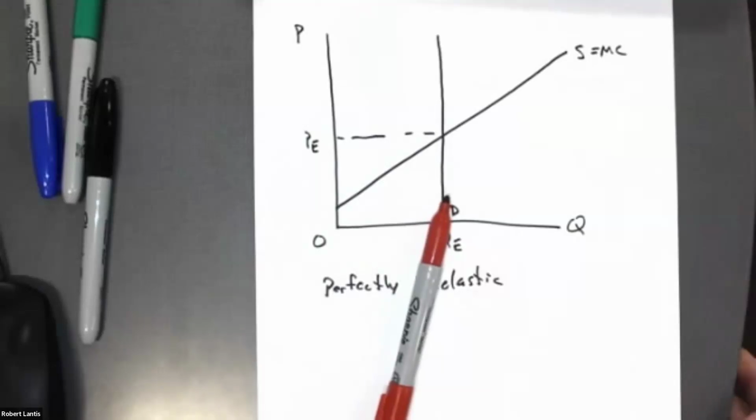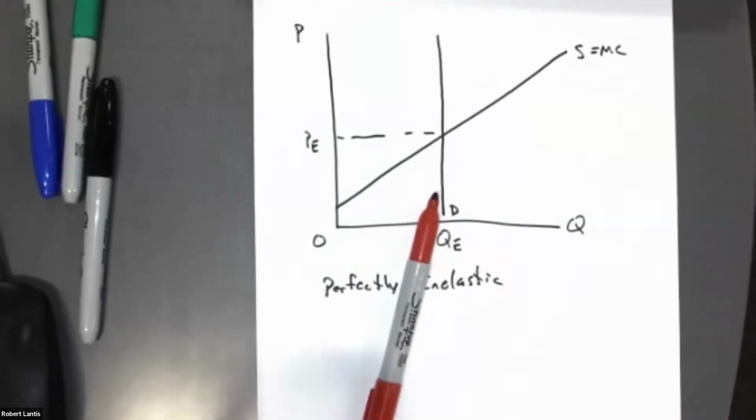I always use the example when I have people in class. If I were to take my phone and just throw it out at you guys, and there's two people standing next to each other, who's going to bear the burden of me throwing that phone? Well, whoever moves out of the way, whoever responds, doesn't bear the burden. Whoever is inelastic, doesn't respond at all, they're going to get hit in the head with that phone, right?